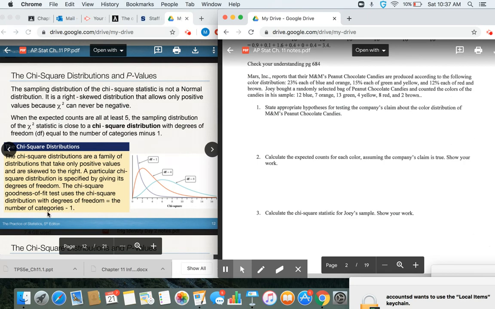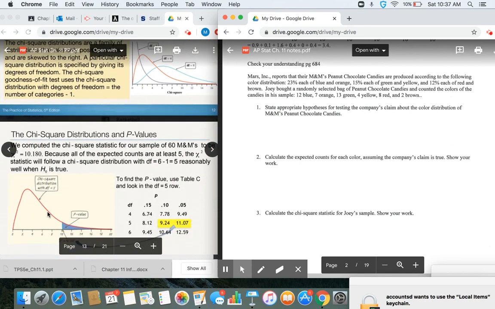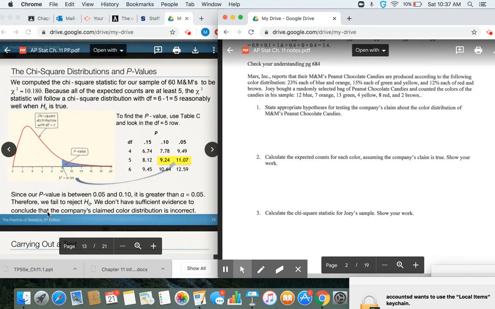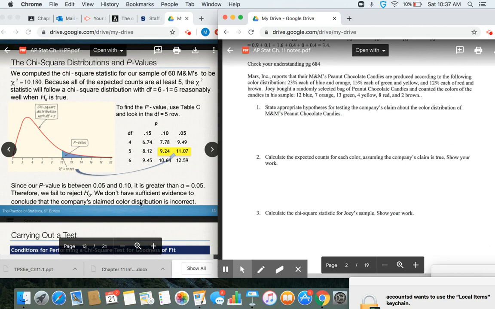So in this case, we had 6 different colors. Minus 1, our degrees of freedom would be 5. Now, the slides show you a different way, using the table, which we're not going to use. I'll show you how to do it on the calculator. But this is what it would look like. So here's our chi-squared statistic, and our p-value would be the shaded area, meaning the likelihood that we're beyond that.